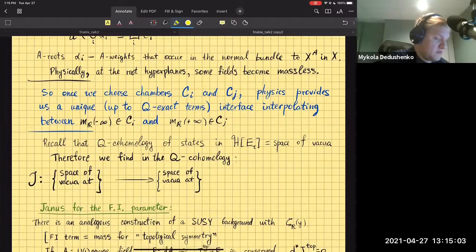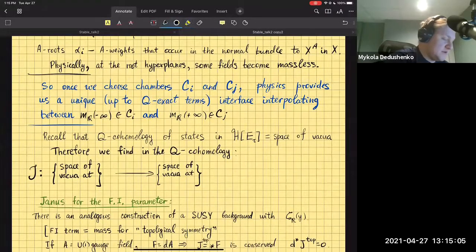And therefore, what we find in the Q cohomology is that this interface, this changing mass profile, generates a linear map from the space of vacua with this mass turned on, which corresponds to mass at minus infinity, to the space of vacua with a different mass parameter, plus infinity.